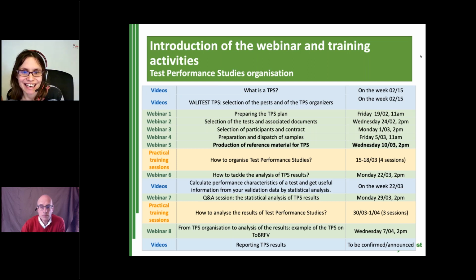So today our speaker is René van der Vlugt. René was the leader of work package 3. He is a senior scientist and plant virologist, head of the plant virus group at Wageningen Research in the Netherlands, and he is also a professor of ecological plant virology at Wageningen University.